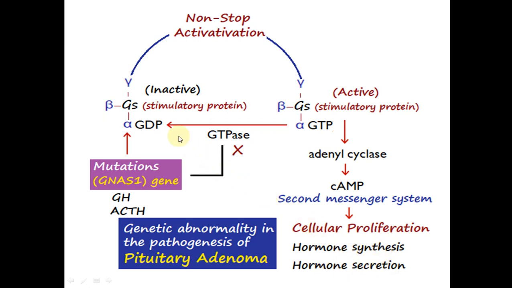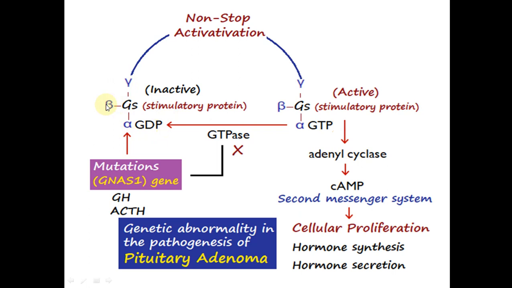But this activation of the inactive G protein to the active stimulatory protein is very transient. Here lies an enzyme known as GTPase. This enzyme will convert the GTP into GDP, and the protein receptor is again turned inactive.